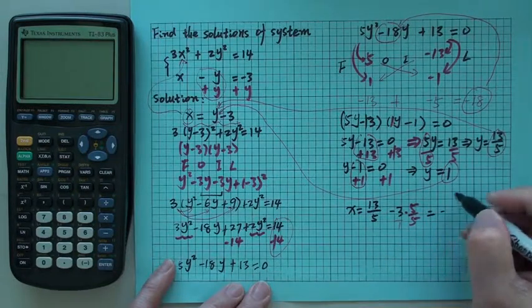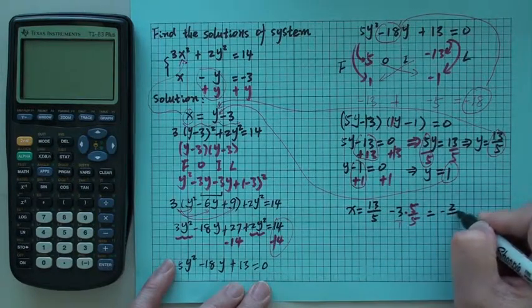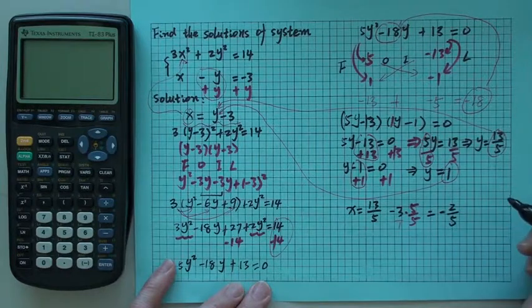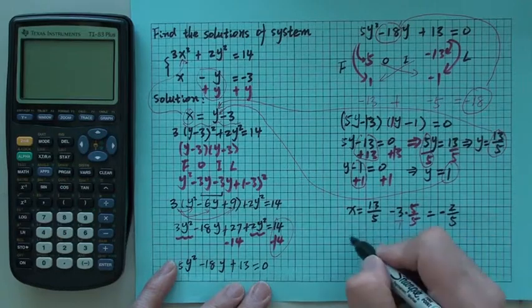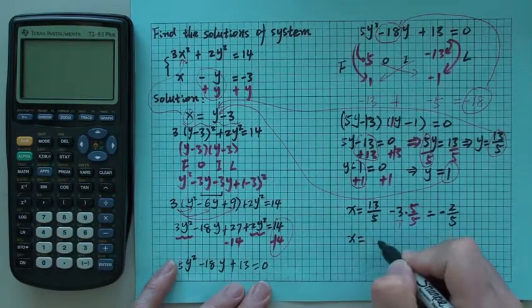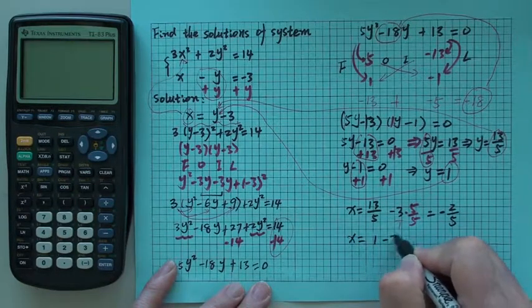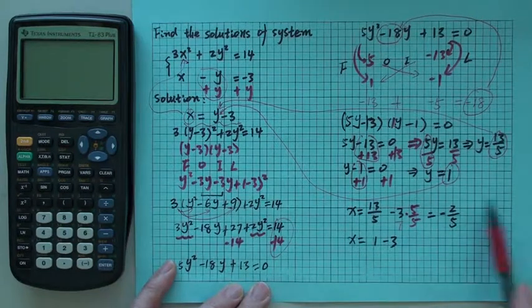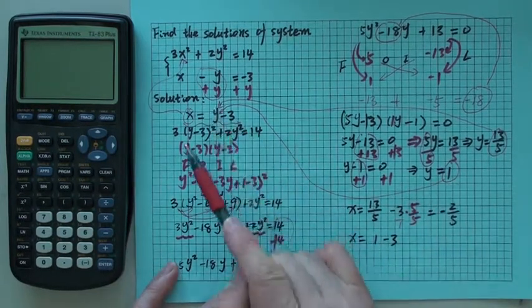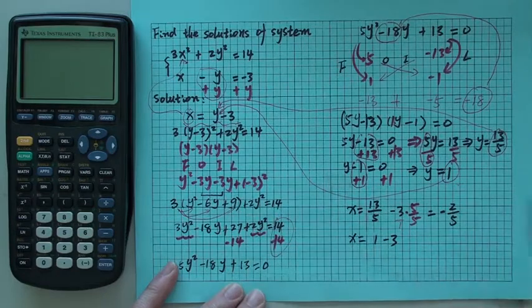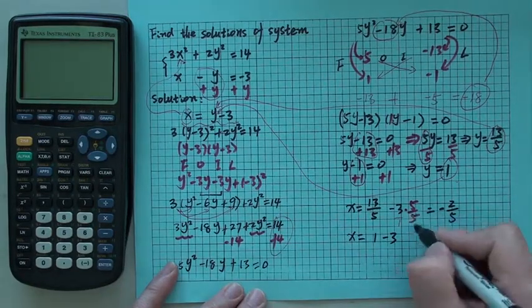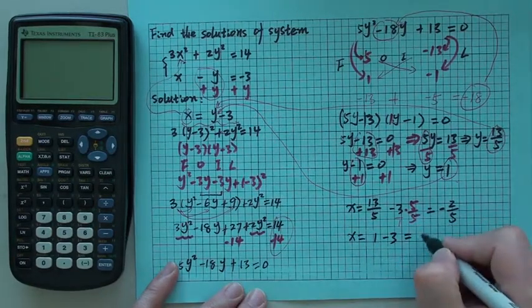So you have negative 2 upstairs, and downstairs is just 5. Now the second one: x equals 1 minus 3. You plug in 1 right here, and this gives us negative 2.